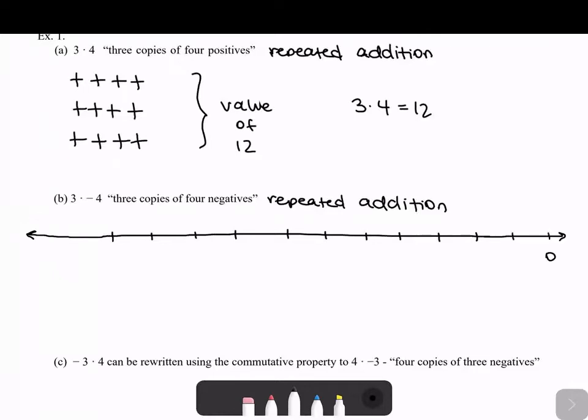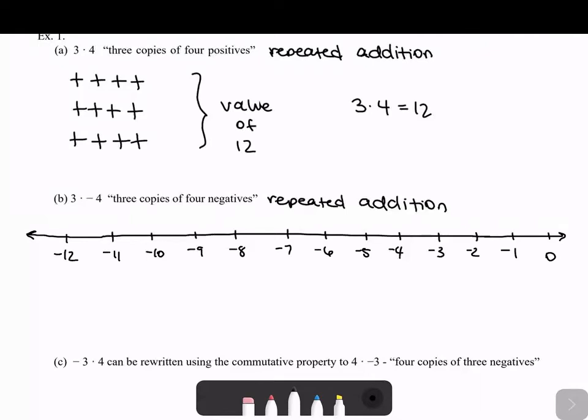If we put 0 here, -1, -2, -3, -4, -5, -6, -7, -8, -9, -10, -11, I think we can only fit to -12. Okay, so this is our number line.